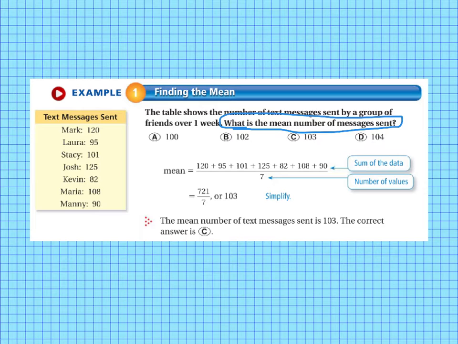So step 1 is we find the sum of the data. So we have to take all of these numbers over here and add them up. And then we count up how many values there are and we divide by that. So step 2 is we divide the sum by the number of values.